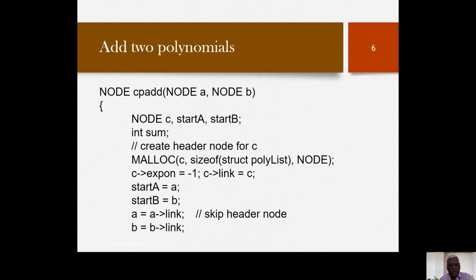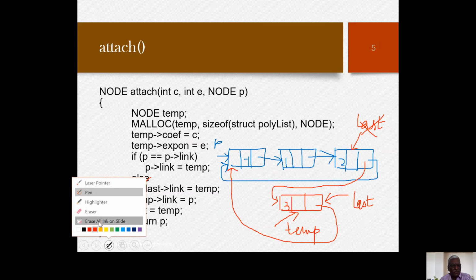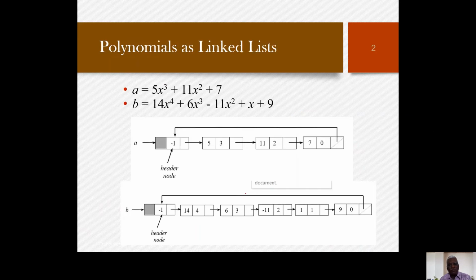Now how to add two polynomials? So let us see the concept first and then the programming statement. Okay, now we have two polynomials here in the mathematical form. Now how do we add these two?